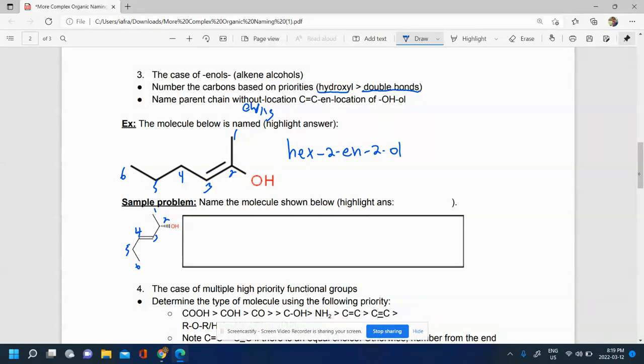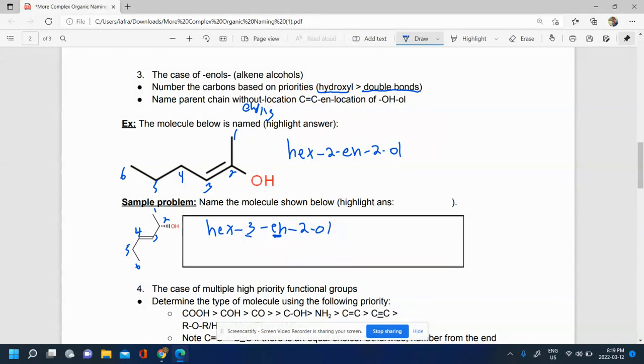So we have hex-3, and we're going to put ene there because it's a double bond. This is the location of the double bond, and this is to indicate it's a double bond. And then the hydroxyl is at position 2, and then ol.